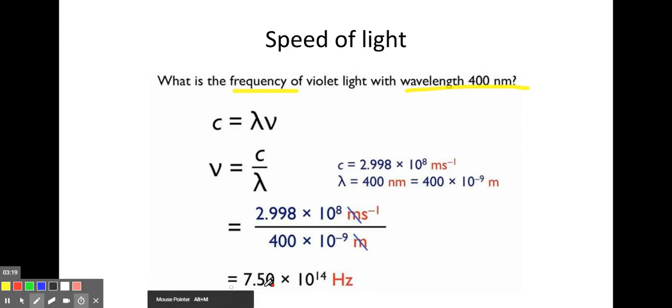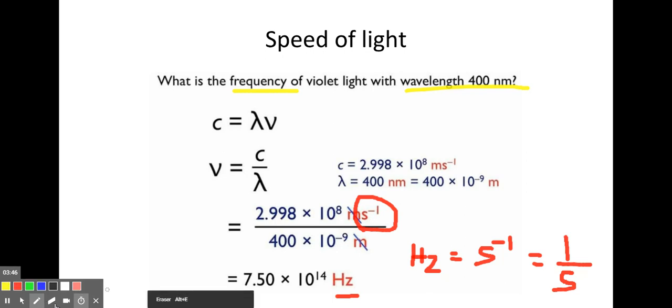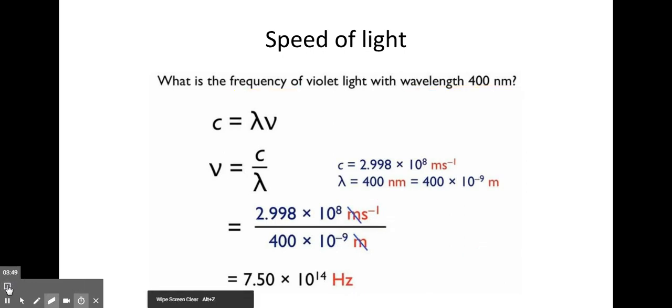This hertz unit, if we look at it in measurable units, is an inverse second, s to the minus 1, the same thing as saying 1 divided by seconds. So keep in mind that hertz isn't really ever going to cancel itself. It's the inverse second that cancels in our mathematical problems.